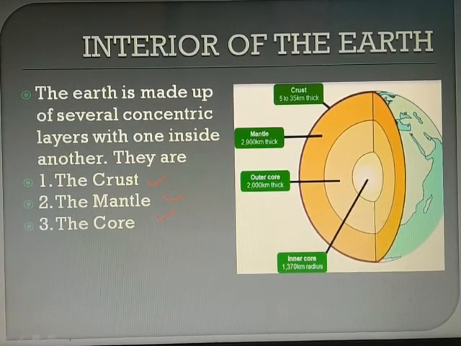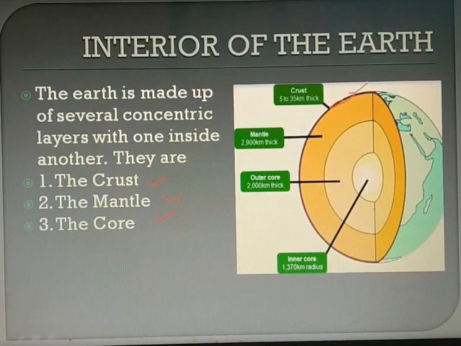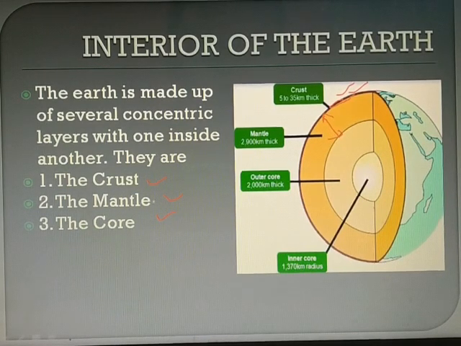Then the outermost layer, this thick red line, is the crust. Then the yellow one from here to here is the mantle, that is the second one. Only that outline, this thick red line, is the crust.